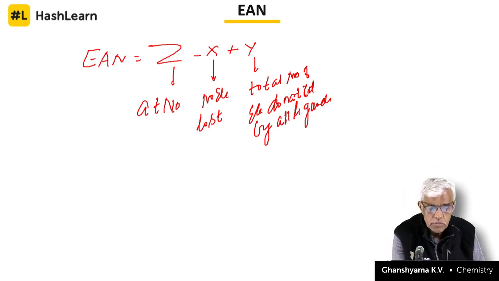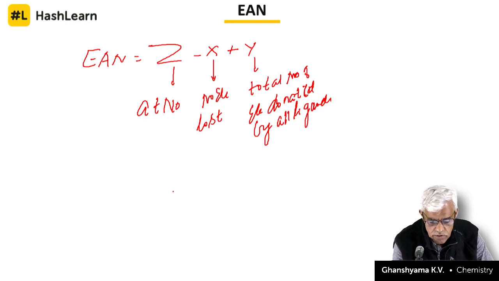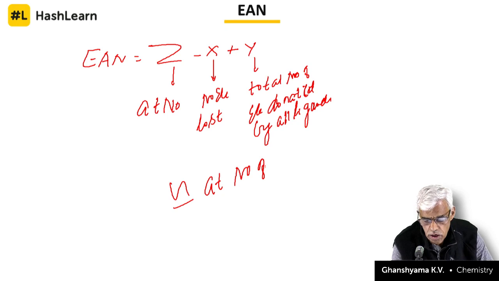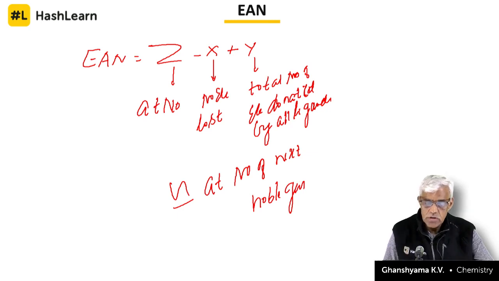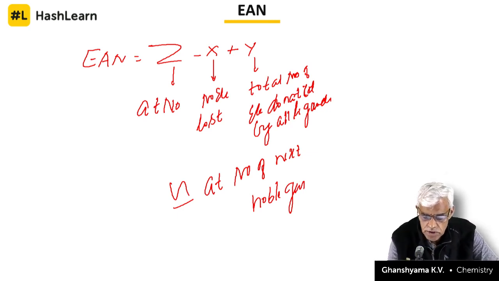Usually, this Z minus X plus Y is approximately equal to the atomic number of the next noble gas.